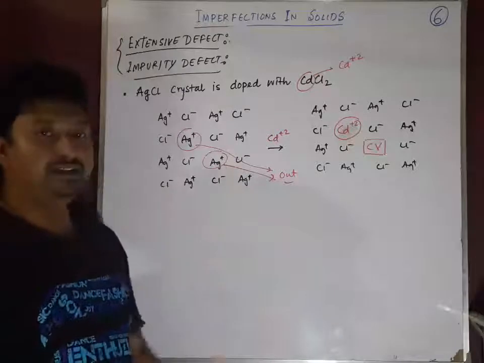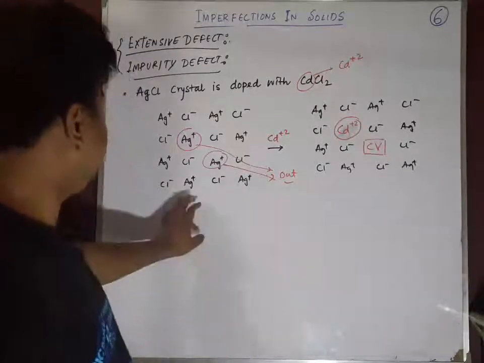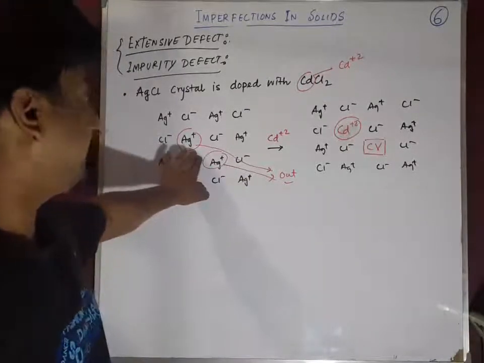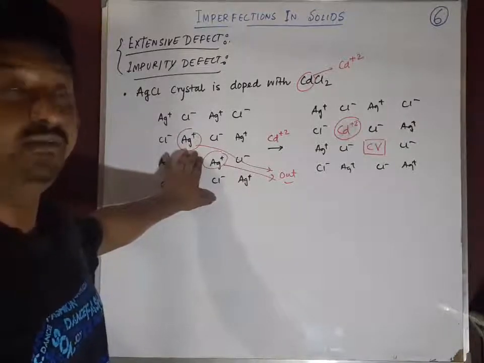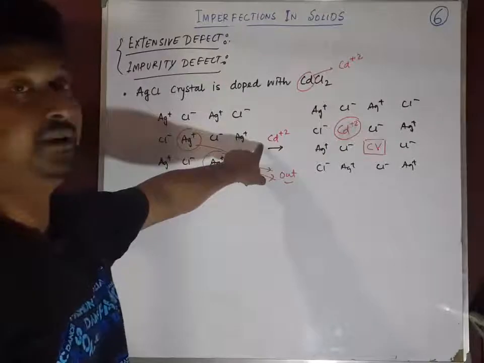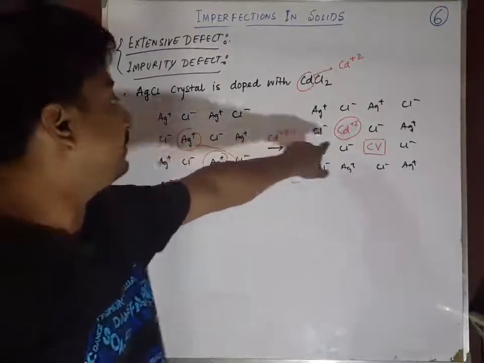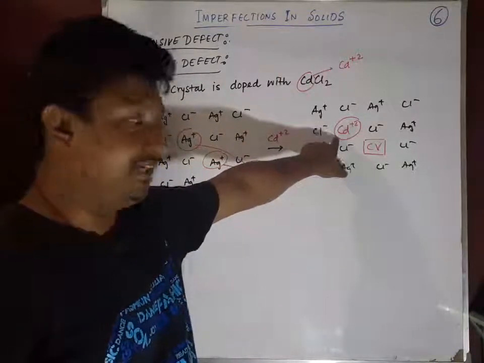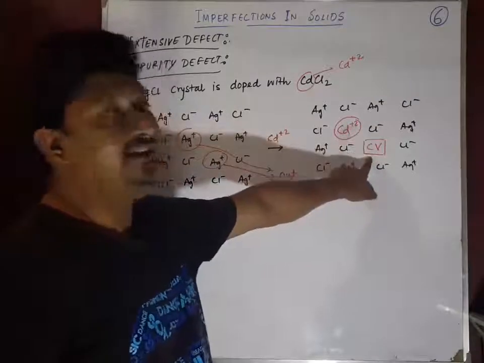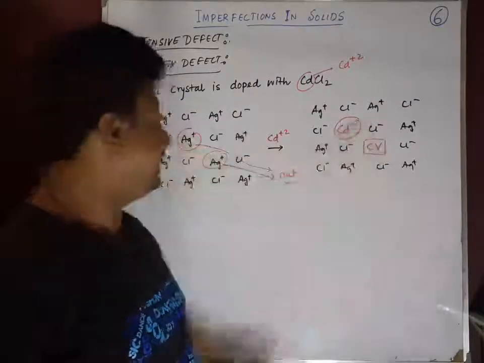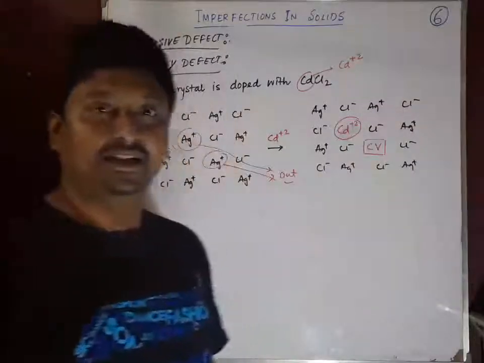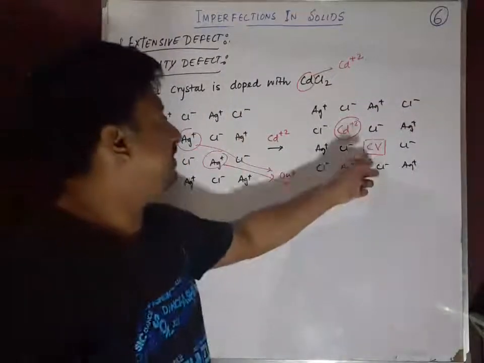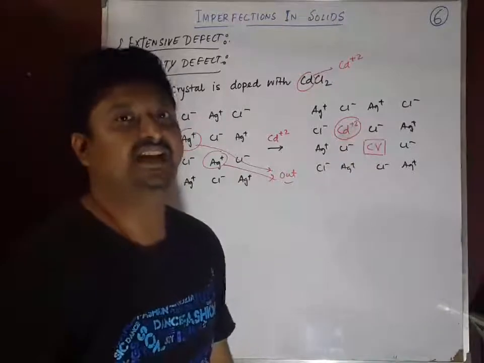Clear? So what is happening here? To maintain the electroneutrality, 2 silvers are replaced by cadmium plus 2. 1 cadmium goes to 1 silver site and there will be another cationic vacancy. Now in this system the electroneutrality is maintained, but there will be a cationic vacancy.